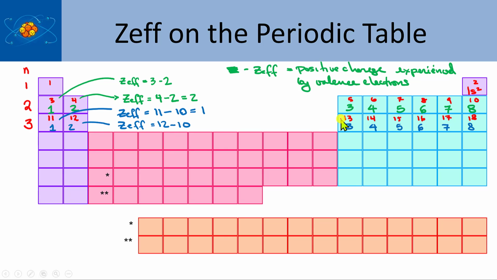And so the type of chemistry we can expect for each of these elements, the properties of the elements as we go left to right, should vary to about the same amount as I go around the periodic table. Provided that, for example, I'm looking at going from 7 to 8, I should see similar trends from 15 to 16 because the change in the effective nuclear charge approximately is the same.